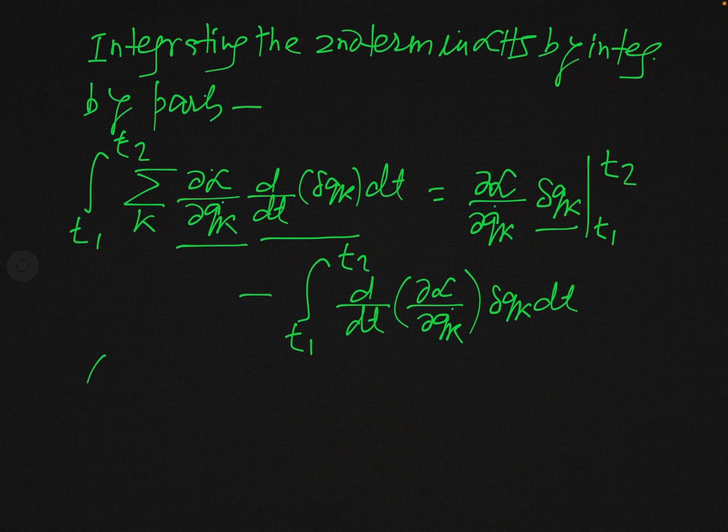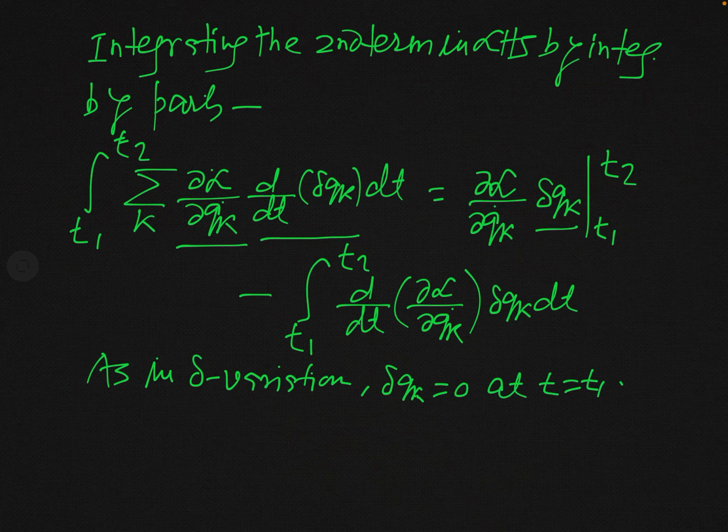So in this small delta variation, this delta qk will be equal to 0 at t equal to t1 and also at t equal to t2.